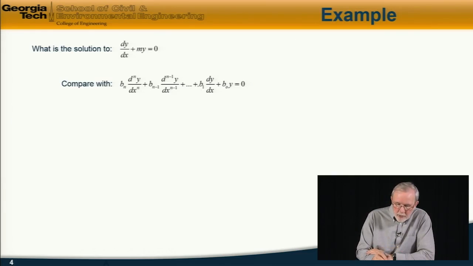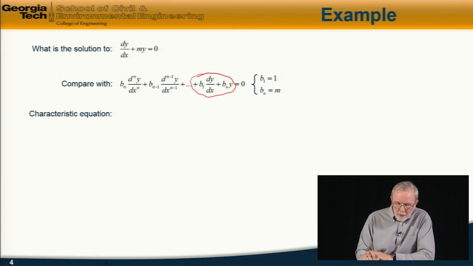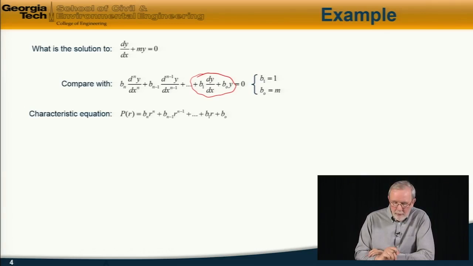Comparing those two equations, you see we only have the last two terms appearing there. And we see that in this case the coefficient b1 is equal to 1 and b0 is equal to m. So then we can form the characteristic equation, which in general form is given by this.